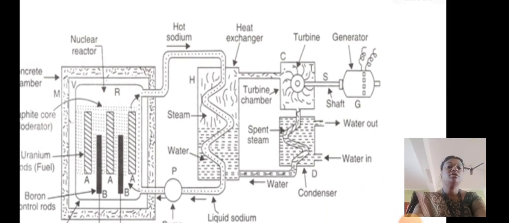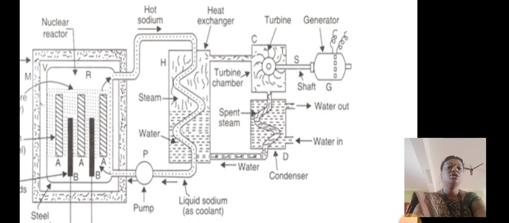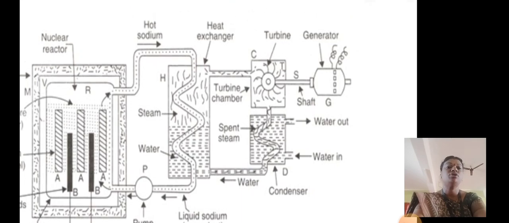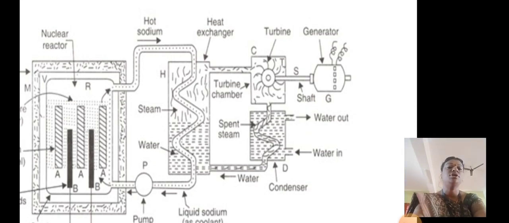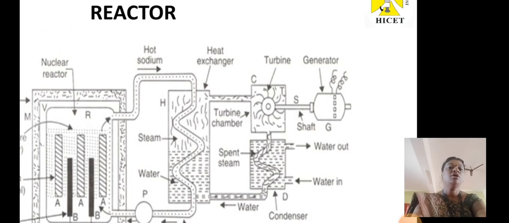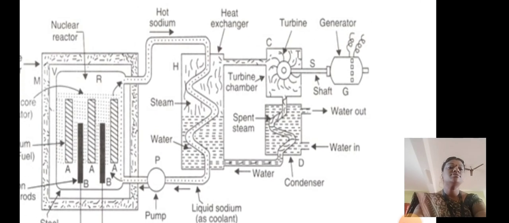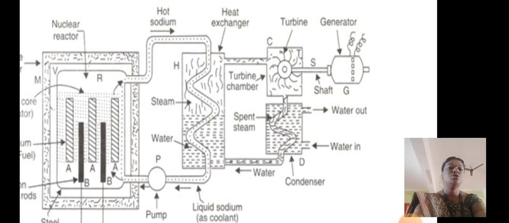After this, the heat is entering into the heat exchanger. The heat exchanger has normal water, and the heat is getting transferred from this to the normal water. So the steam is getting generated. This steam from the heat exchanger is transferred to the turbine, and you can see the turbine is rotating with the help of the steam. So the generator is functioning to produce the electricity.